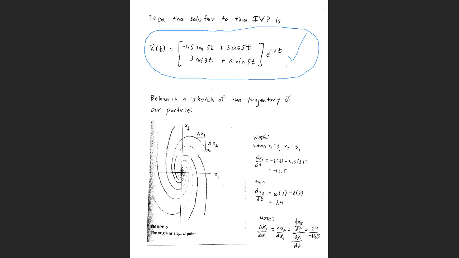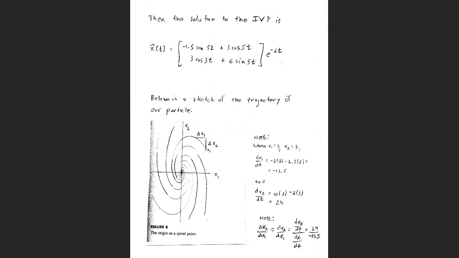Now what we want to do is sketch a trajectory of the particle. So there's the vector x of t here.